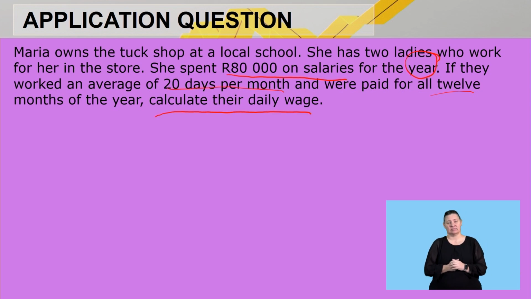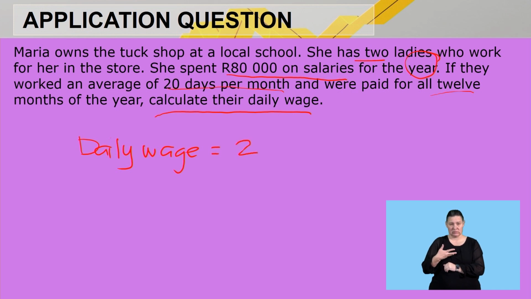So we need to remember that she's got 2 ladies working for her. So the daily wage is going to be 2 ladies times 20 days, which gives you 40 days.